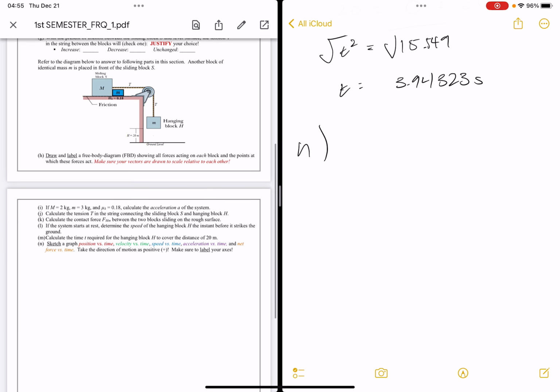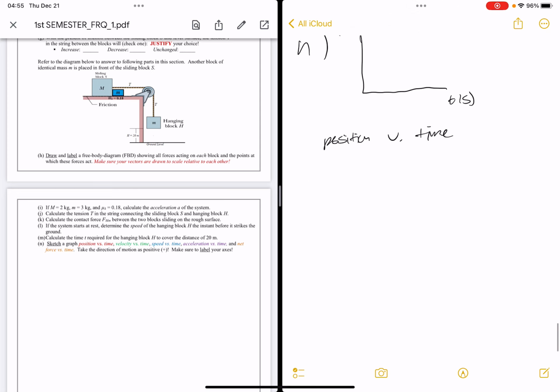Lastly, N. Sketch some graphs. First is position versus time. So position versus time, and this would be y in meters.